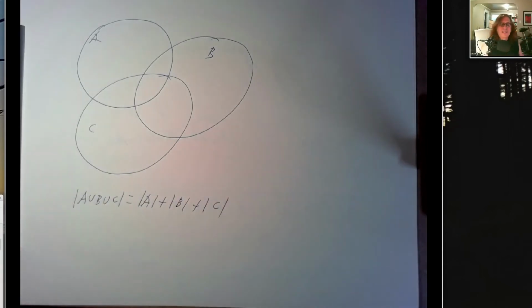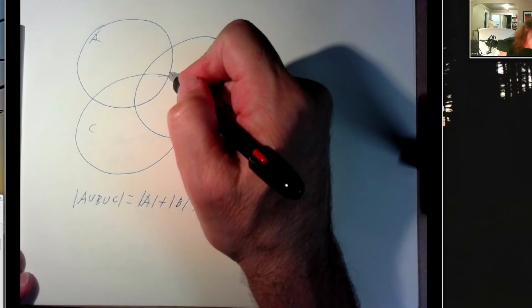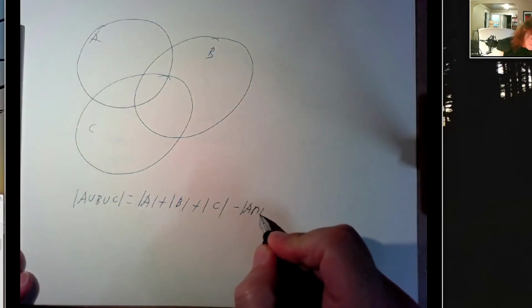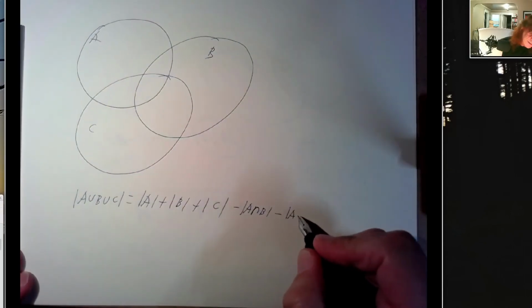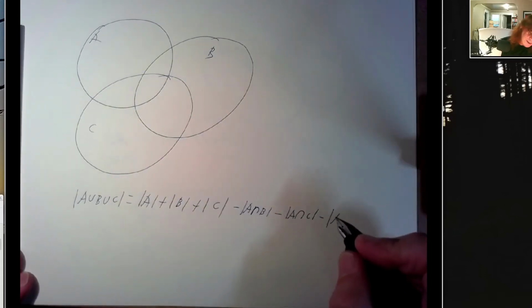the sum of the sizes of A, B, and C. Okay, but anything that was in both A and B just got counted twice. So we have to take that off. And anything that was in A and C got counted twice. And anything that was in B and C got counted twice.